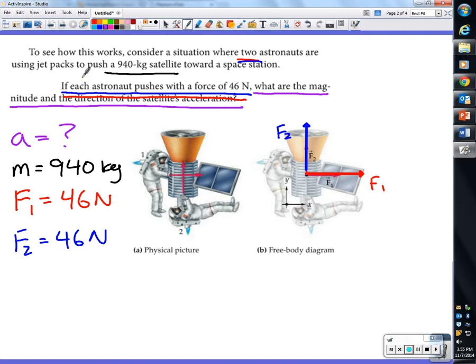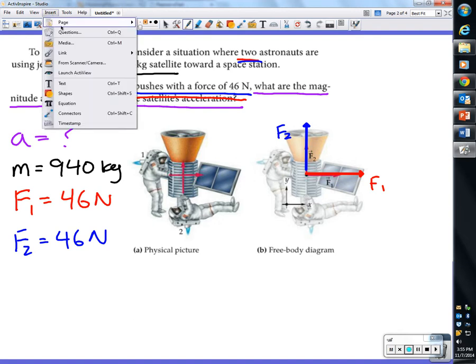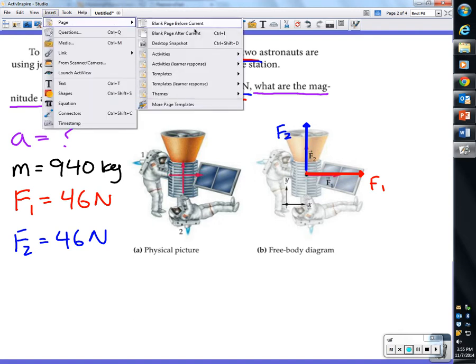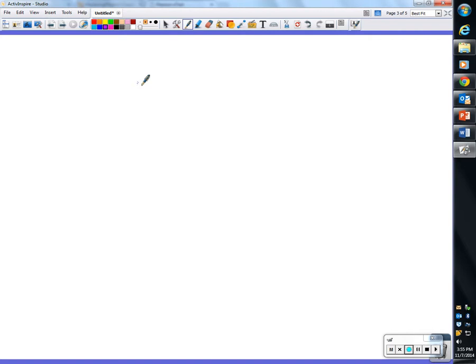Now, we learned back in the first part of this chapter, chapter 5, that the acceleration of an object is dependent upon 2 things: the net force acting on that object and the mass of that object. Now, sigma F, the net force, we said was the vector sum.